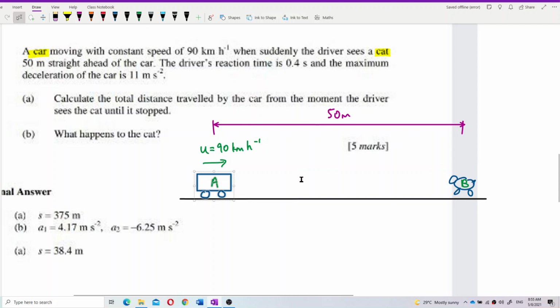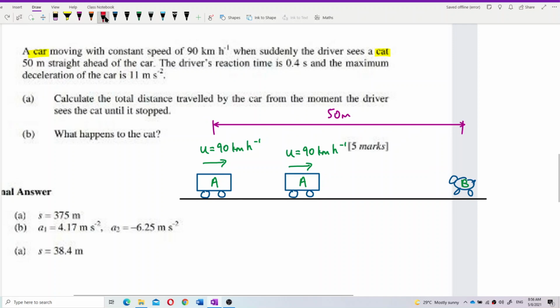It travels until here, and from here to here it maintains the same speed. Then only it starts to decelerate.